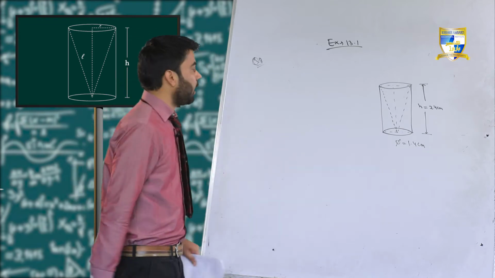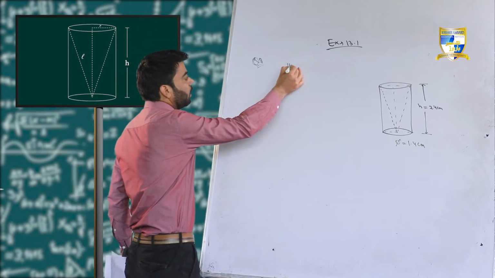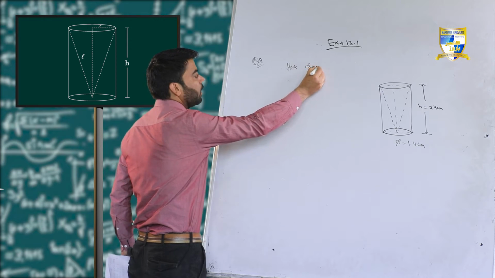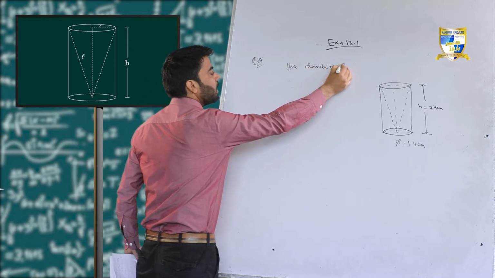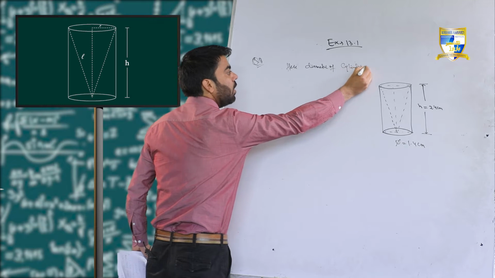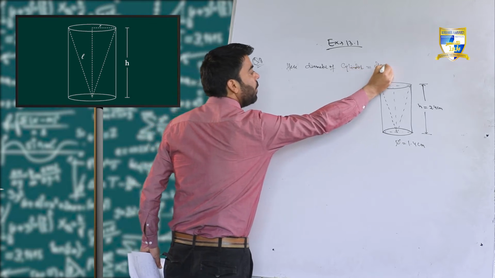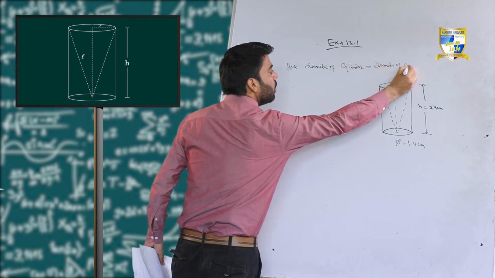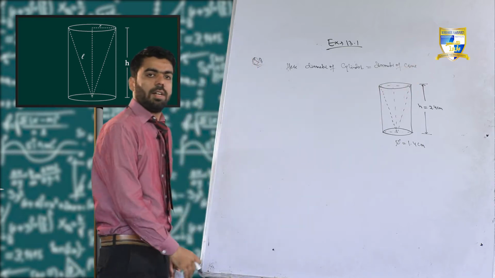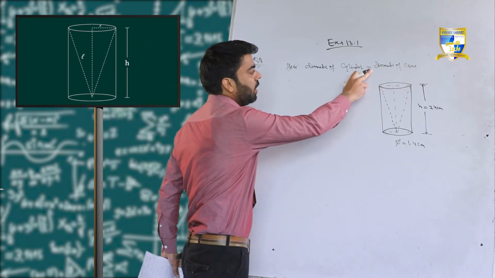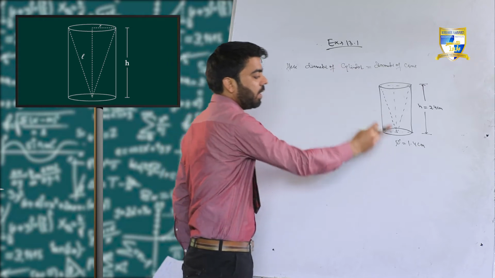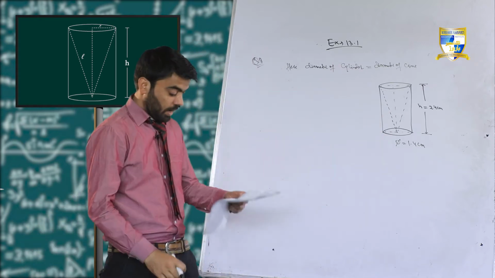So simply, what will we write? The diameter of the cylinder is equal to the diameter of the cone. That diameter is equivalent to 1.4 centimeter.